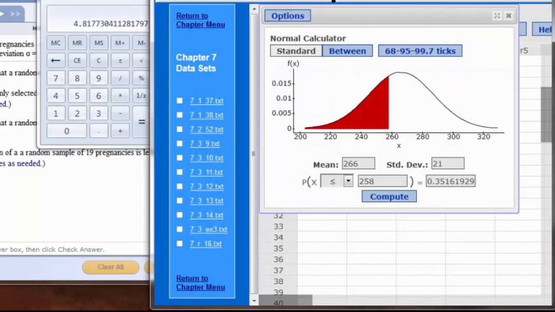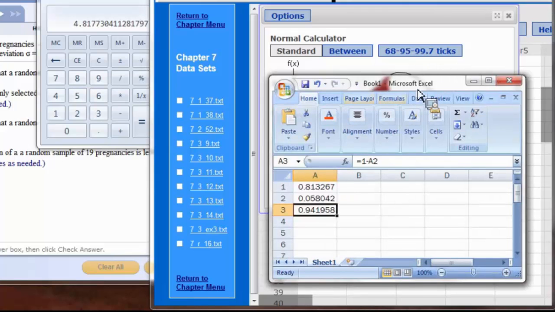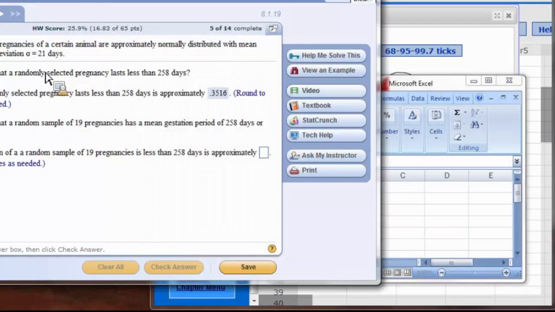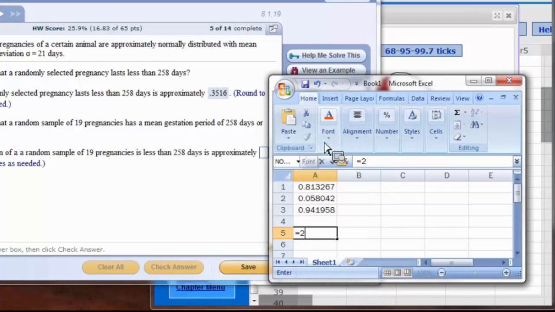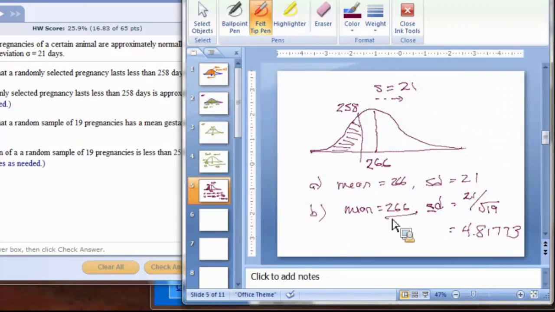Just to check, let me go to Excel to make sure this calculation equals 21 over the square root of 19. Okay, so this is the new standard deviation. Okay, so this is the mean, still 266. This is the new standard deviation.